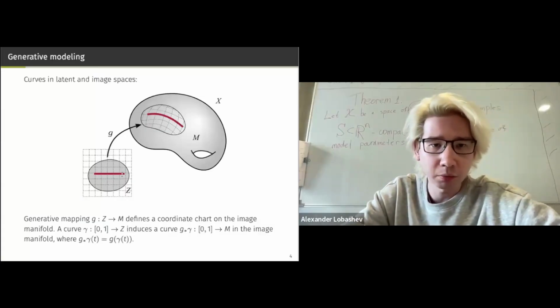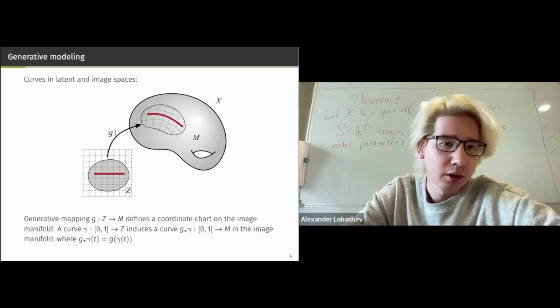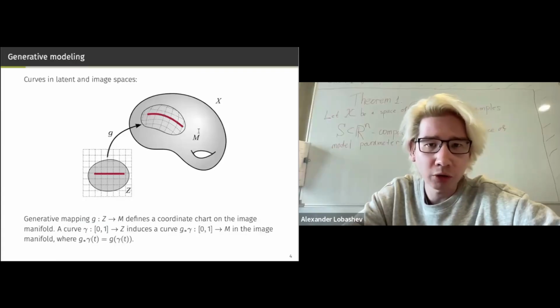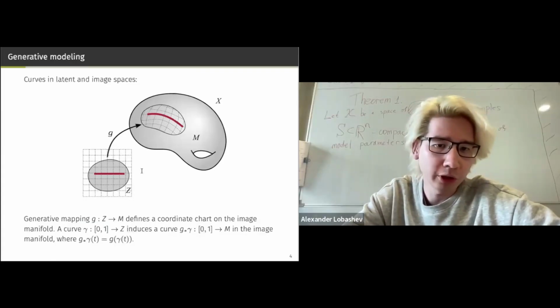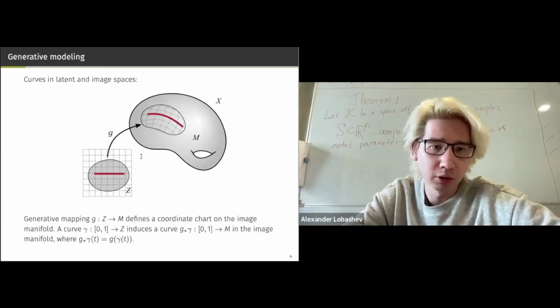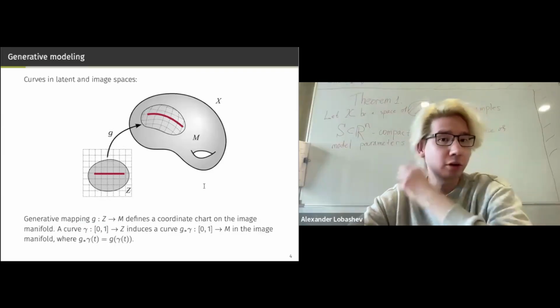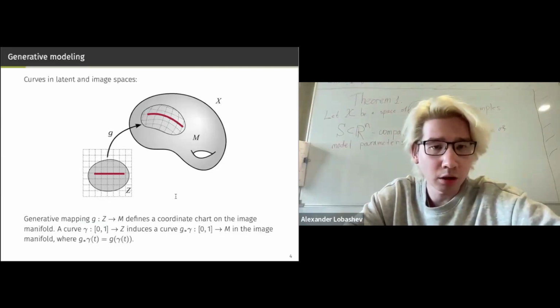We could draw some simple line, and after applying the generative mapping to all intermediate latents, we will obtain a curve in the space of images. Our generator could be any generative model, for example, a diffusion generative model or the generator in generative adversarial networks.